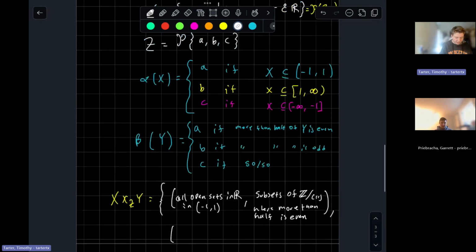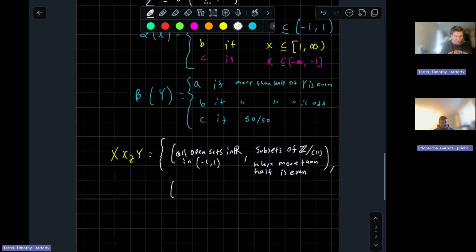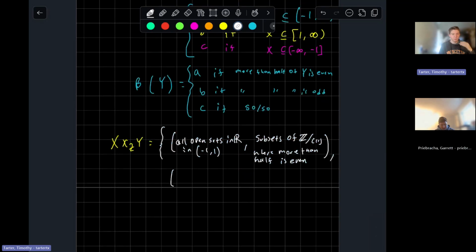So this is going to be all of the stuff in the preimage of A. And then in the preimage of B, it's the same thing on the right-hand side, but in alpha of X, it's all of the open sets contained in the ray interval from 1 to infinity. But of course, we can't include 1, and so it's all open sets in R in exclusive 1 to infinity.